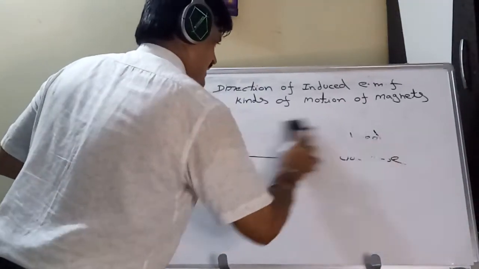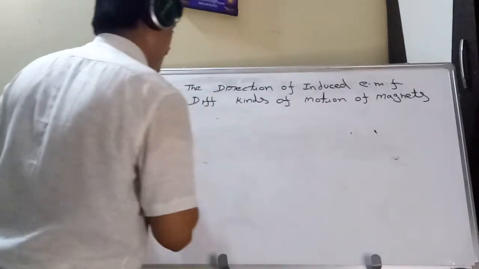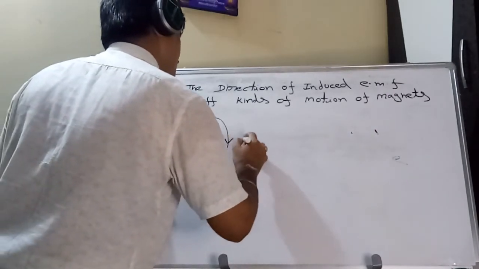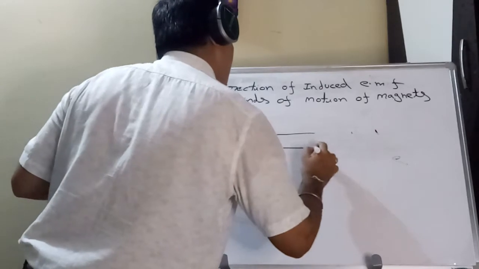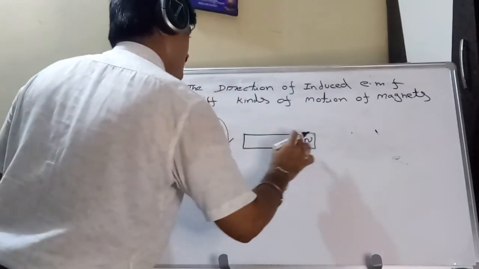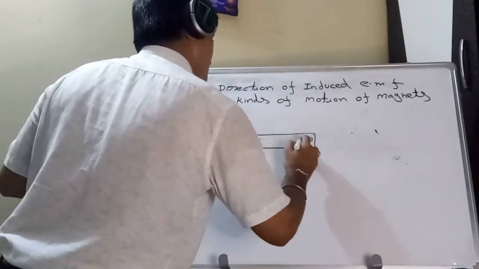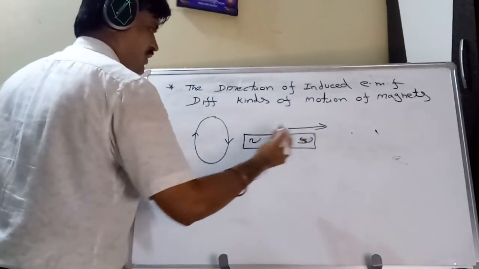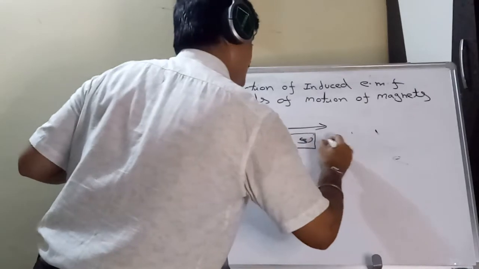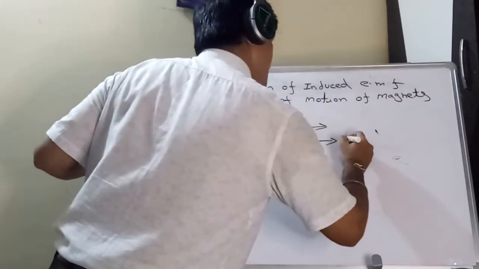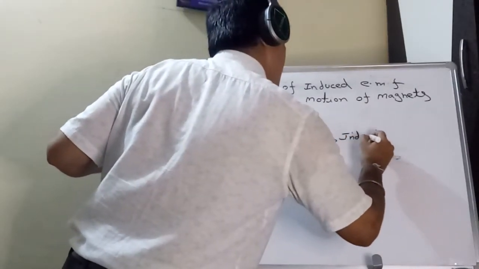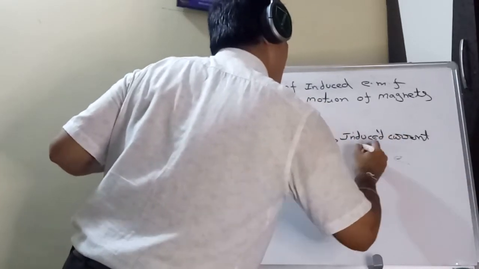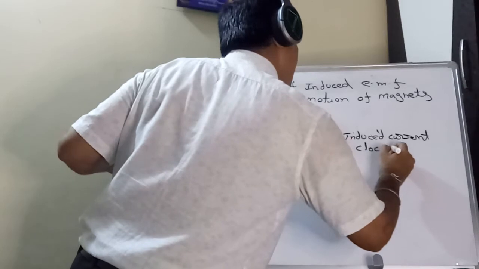Another situation: when the magnet moves away from the coil, in this condition the induced current is in the clockwise direction.